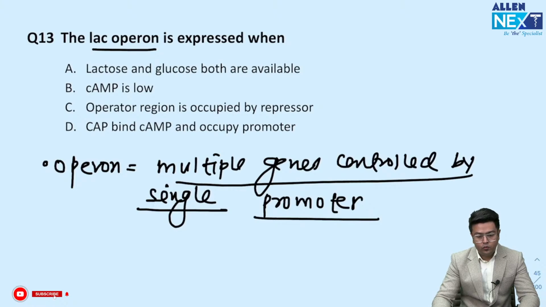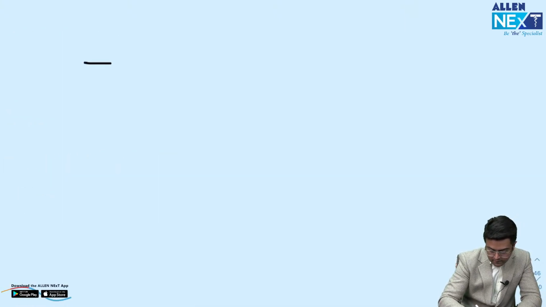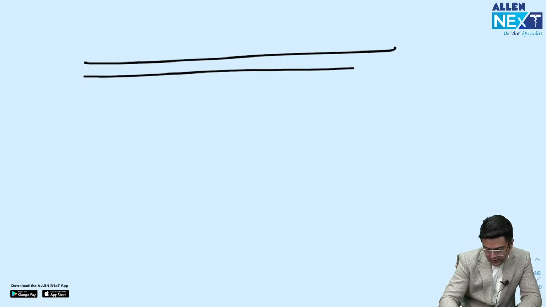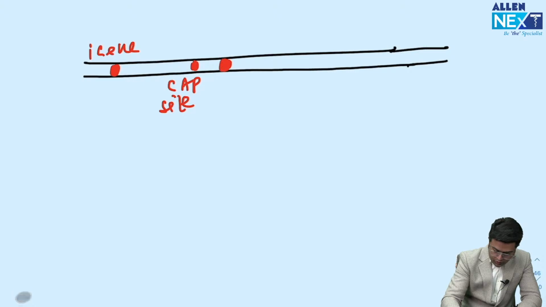So guys, operon is a long topic. What we have to remember in operon is that suppose this is a gene in a bacteria, and in this gene we have a particular area called the inducible gene. Then we have a particular area called the cyclic AMP CAP binding site, which is very close to the P for promoter. And then there is something called O for operator.